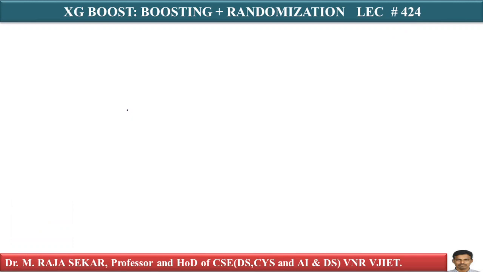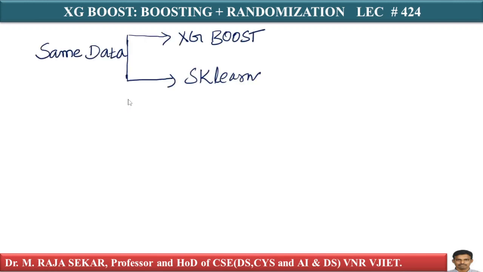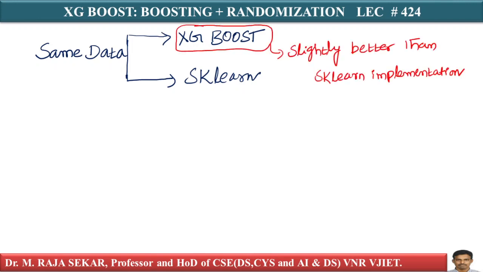In this lecture, I will continue my discussion on XGBoost. If you take the same data and use the sklearn implementation versus the XGBoost implementation, most often I have seen that XGBoost gives slightly better results.